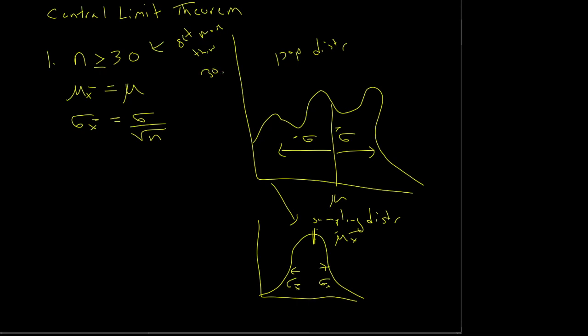And then the other thing it says is, well, there's another case, and that case might be that you know the population is normally distributed. For some reason, the laws of nature will normally distribute it, or you have already measured it and you know it's normal.